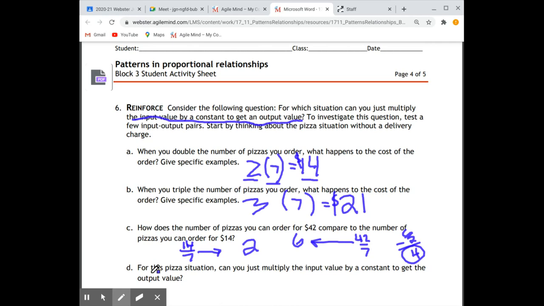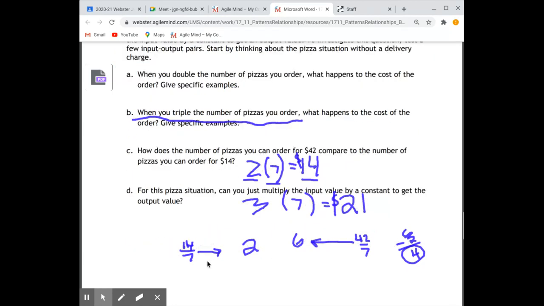So it says for this pizza situation, can you just multiply the input value by the constant to get the output value? Halen said yes. It was a great guess, and she was right. For the pizza without delivery, yes. For the pizza with delivery, no. Thank you, Halen. Good job.